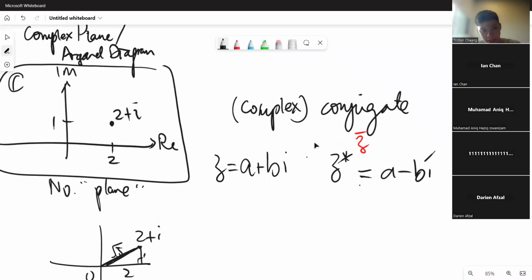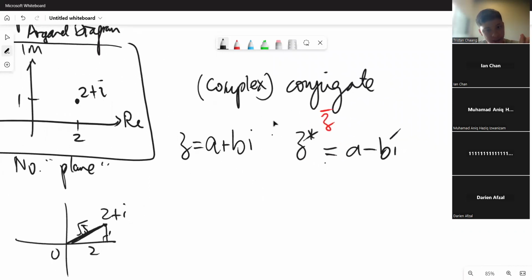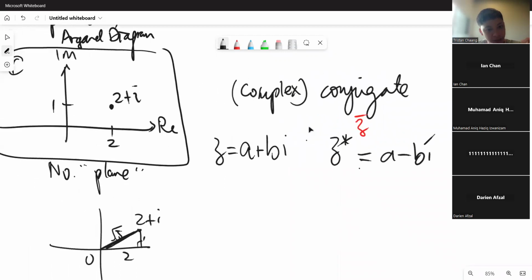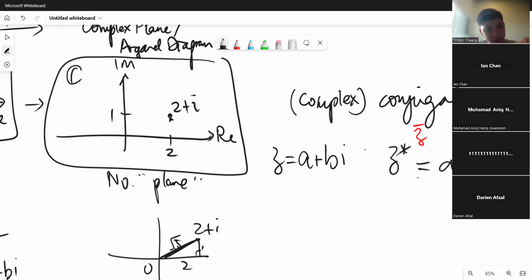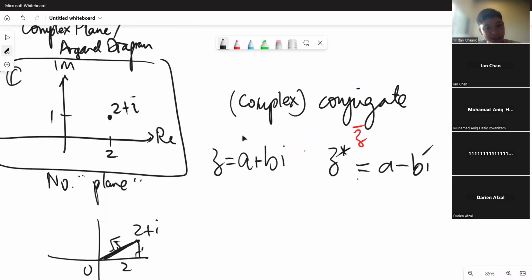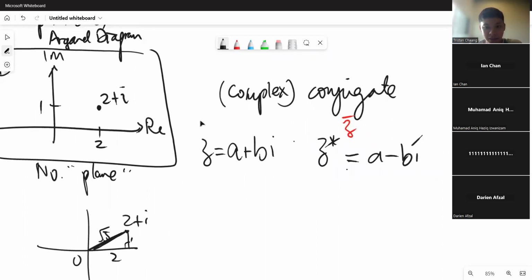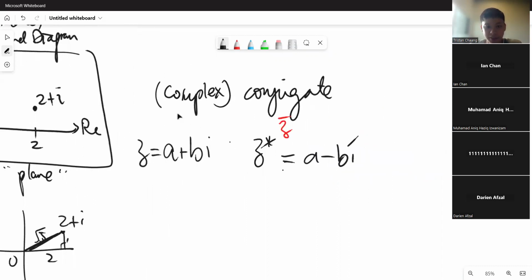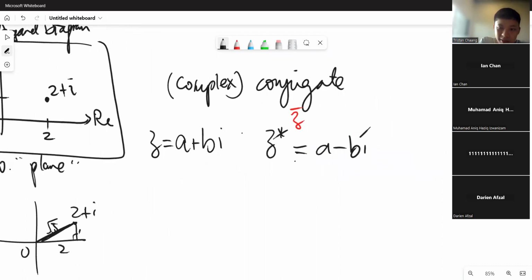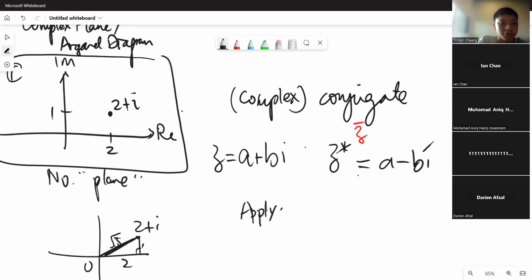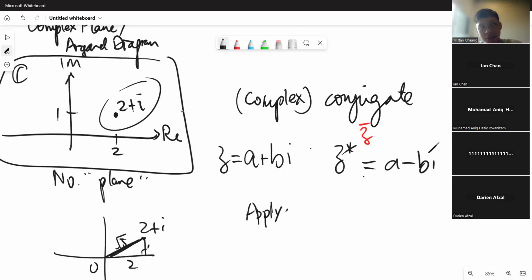So anyone can tell me very quickly, what does the conjugate mean if you're looking at the points on the complex plane? What does it mean when we conjugate an element? Well, no, I mean like if this were 2 plus i and we consider the conjugate of 2 plus i, where would it be?